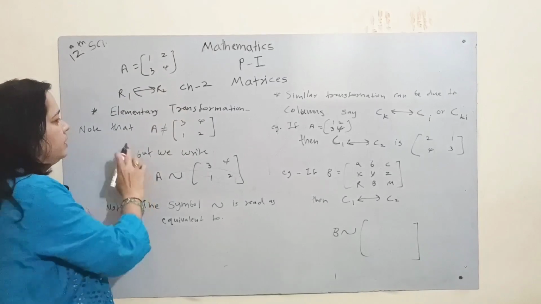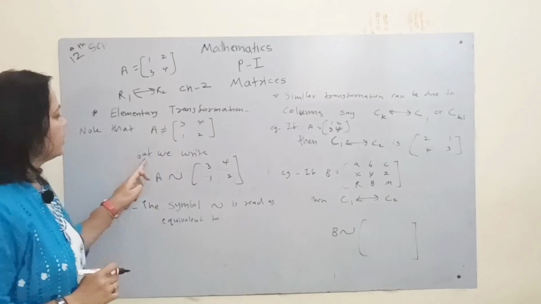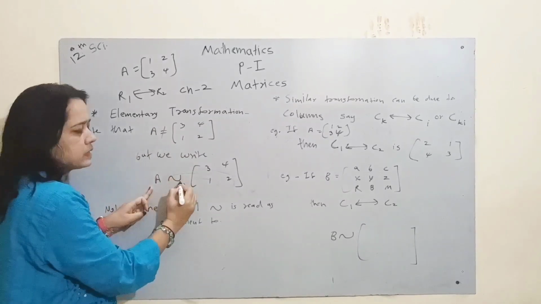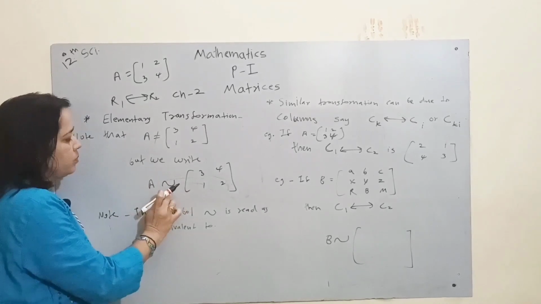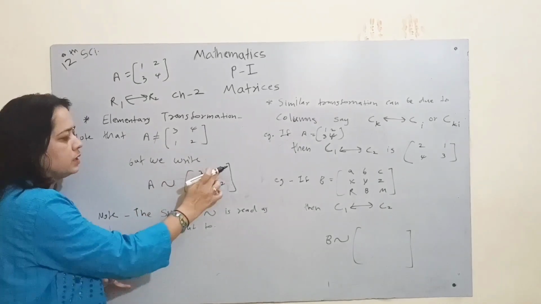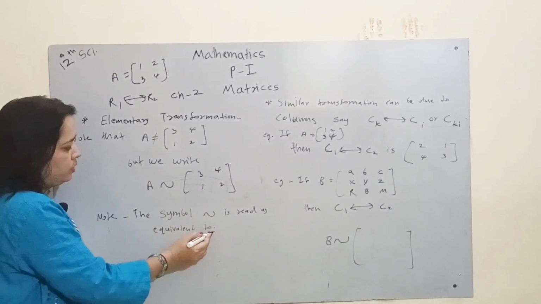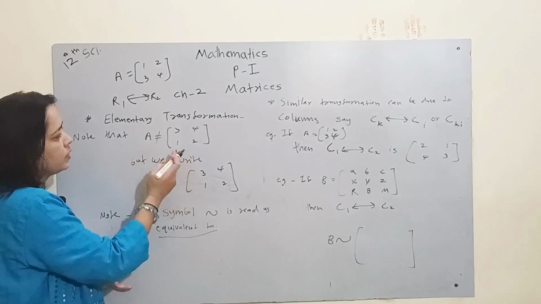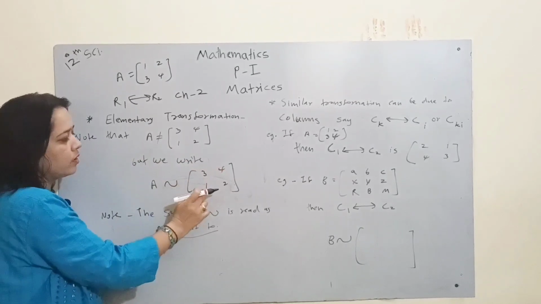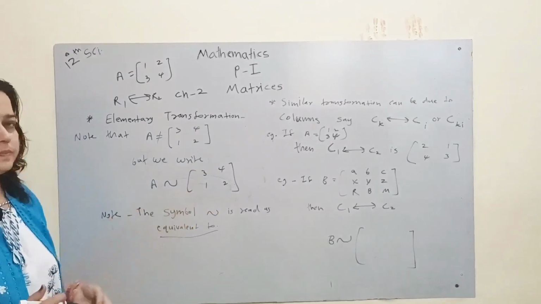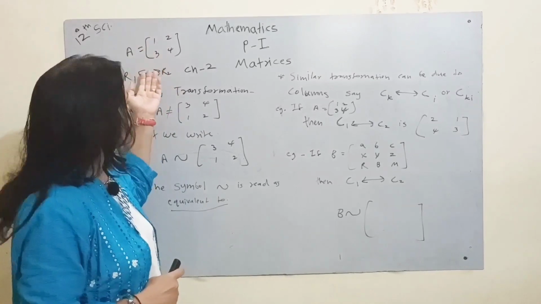Note that here A is not equal to 3 4 1 2, but we write A and this sign 3 4 1 2. So this is indicated by this symbol. A is equivalent to 3 4 1 2, and this symbol is read as equivalent to, means A is not equal to this matrix, but A is equivalent to this matrix. So in this example we have studied interchange of rows.